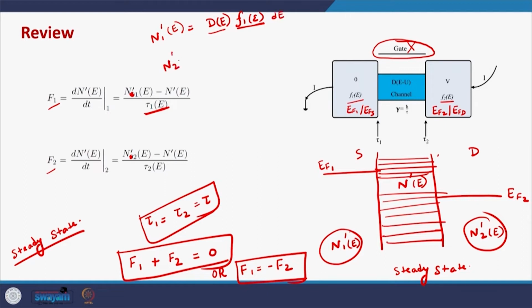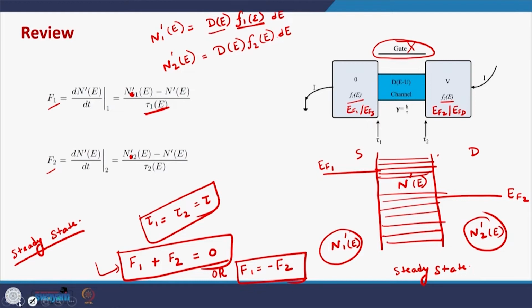Similarly, n2 prime E is the density of states of the channel times the Fermi function of the drain contact times the energy range dE. This is what we know. In steady state, we see that F1 plus F2 is equal to 0.